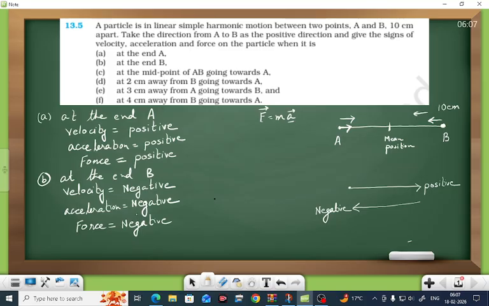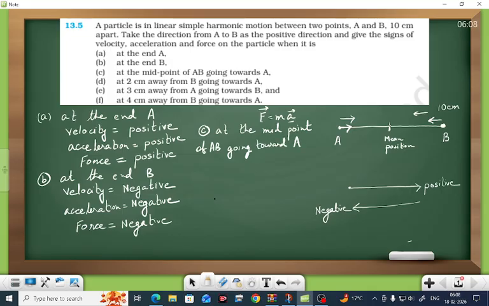Let us take point C at the midpoint. C is given as the midpoint of AB, going towards A. Going towards A, what happened?